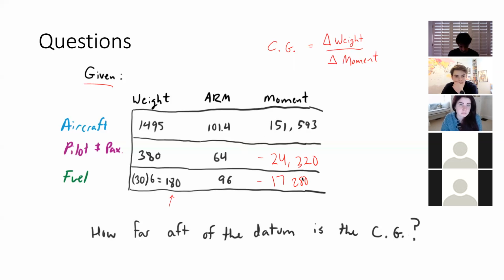Add these all up. 51,593. You get 193,193, I think, divided by the total weight, which is 1495 plus 380 plus 180.